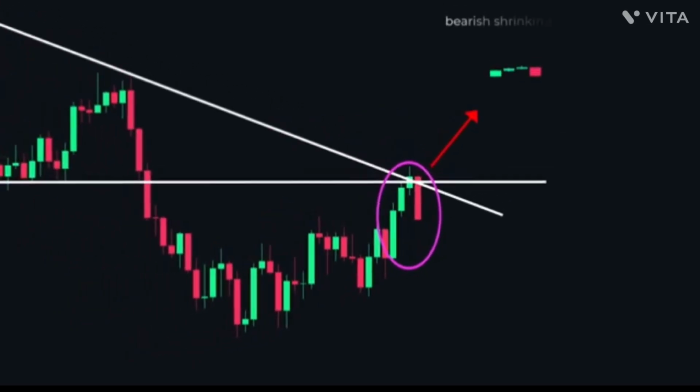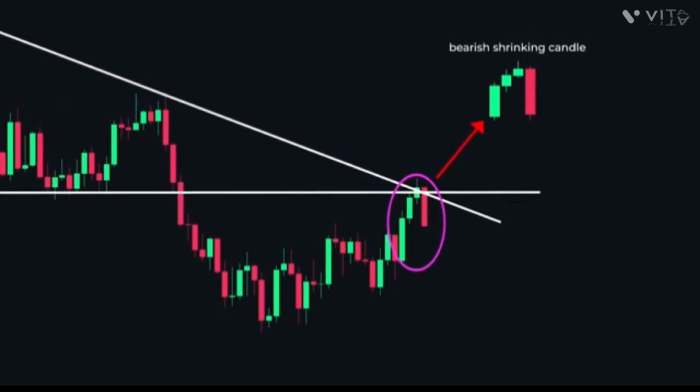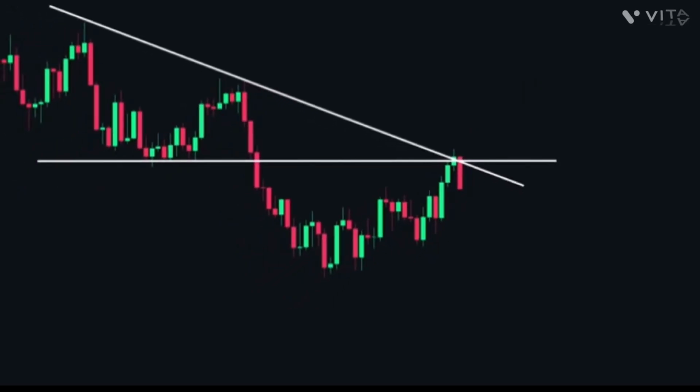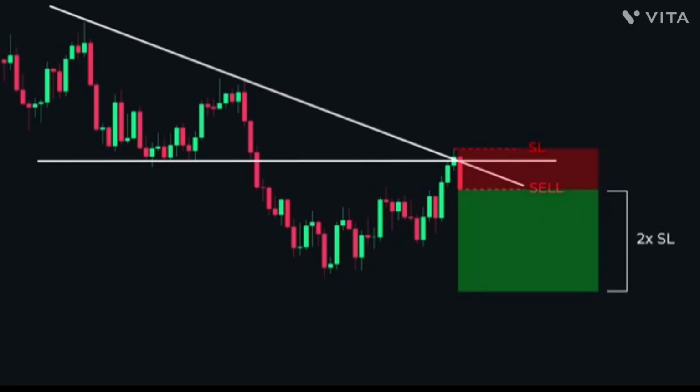This is the characteristic of a shrinking candle pattern, which strengthens our expectation that the price will reverse downward from this level. This setup provides a good opportunity to enter short. Then, you can place a stop loss above the high of the previous candle and set a take profit at twice the size of the stop loss. As you can see, the price moved down and reached our profit target shortly after entry.